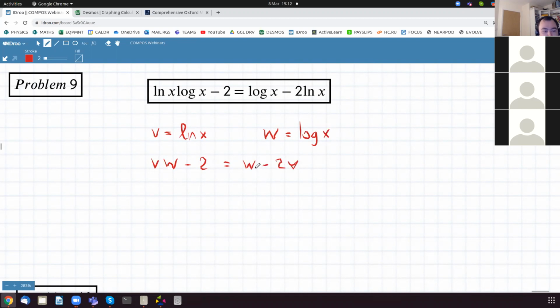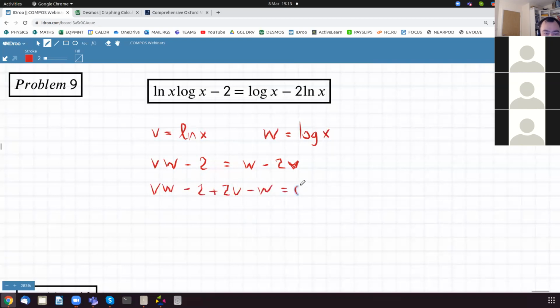Right. What can I do here? Well, I'm going to take them all to the left hand side. So vw minus 2 plus 2v minus w.